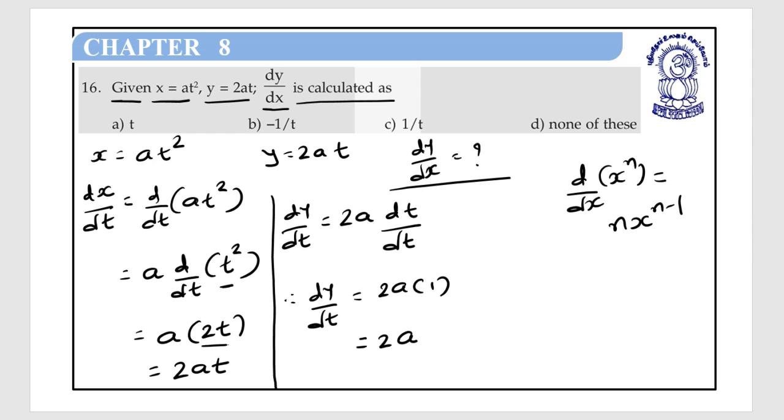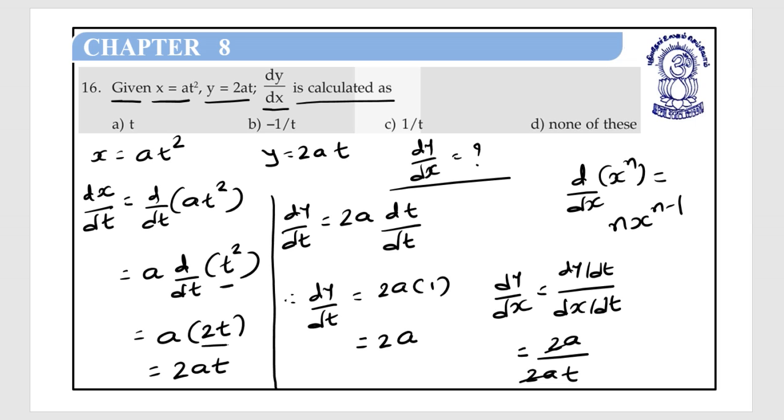Here we have to find out dy by dx, which is dy by dt upon dx by dt. You can easily find dy by dx after putting the values: dy by dt is 2a and dx by dt is 2at.